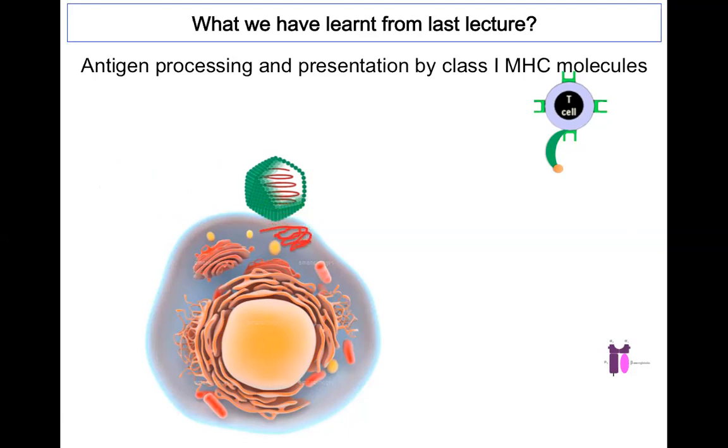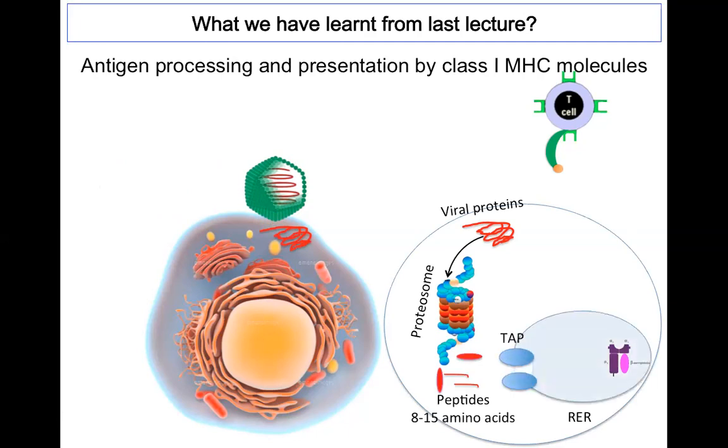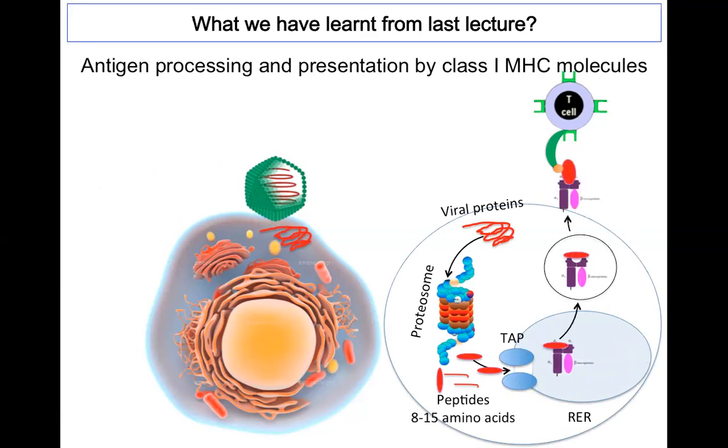You can see here how the pathogens enter the body, the viral protein goes through digestion by the proteasome, we get peptides, which combine with the MHC class 1 molecules, and then are ultimately presented to the T cells, and the T cell joins with that presented molecule. So that was the story. If you are more interested, of course you can consult our previous lecture.